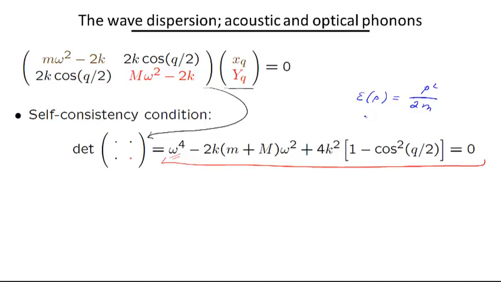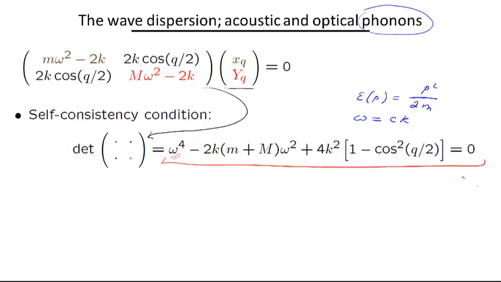When we talk about the dispersion relation of a photon, where omega scales linearly with the wave vector, this is the dispersion relation of electromagnetic waves. So now we have here an equation which determines the dispersion relation of elastic waves, otherwise known as phonons, which can exist in this simple model of a one-dimensional crystal.